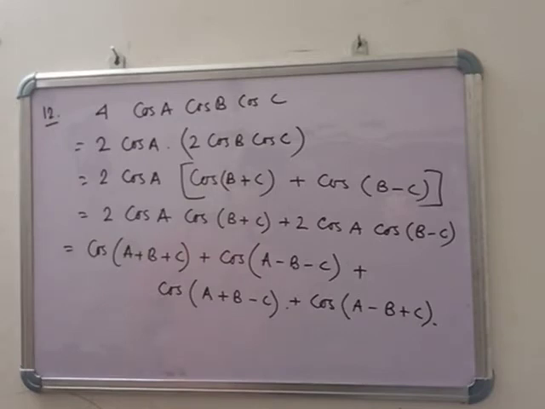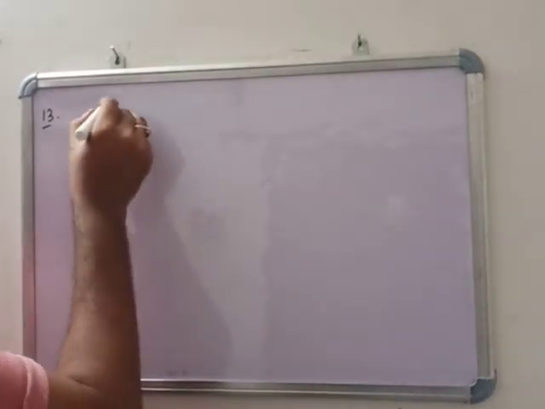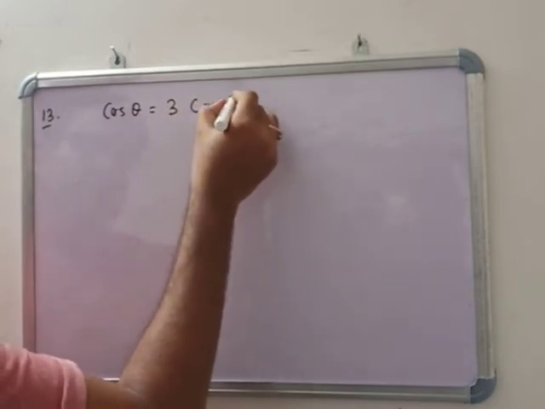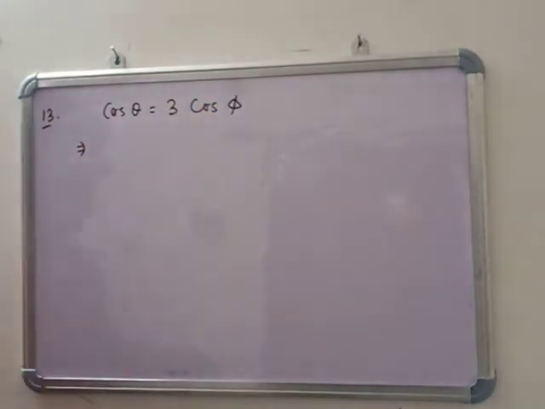Okay, this fourth term will be there. Now, next one. In number 13, see that cos theta equals to 3 cos phi is given. So you have to prove 2 sine phi minus theta by 2 equals to cot theta plus phi by 2.